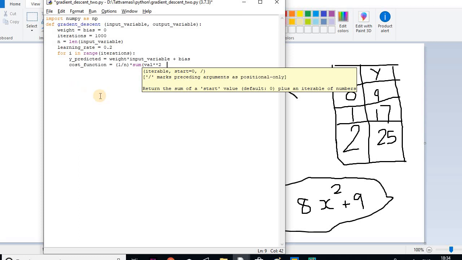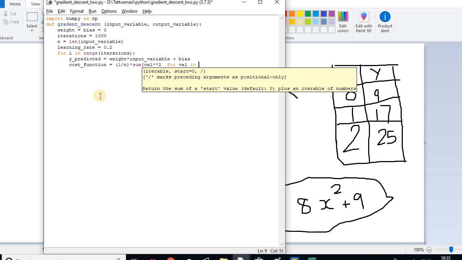Then here we will take this value, that means the error. It would be the predicted minus the output variable.